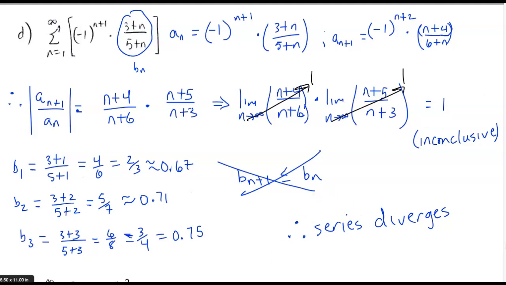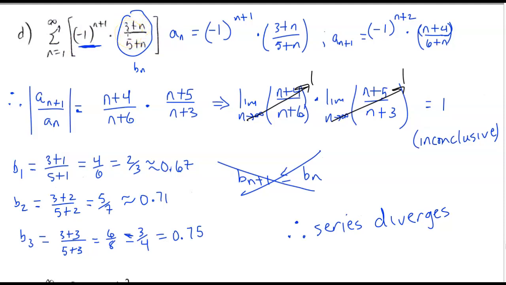Now, another thing that we can also state here for this situation, and the reason why I didn't start off with it is because of the fact that we had this factor in here that makes it an alternating series.